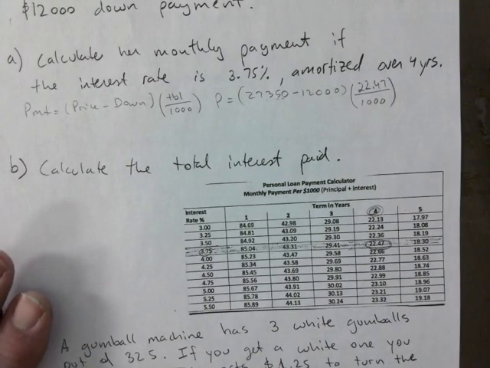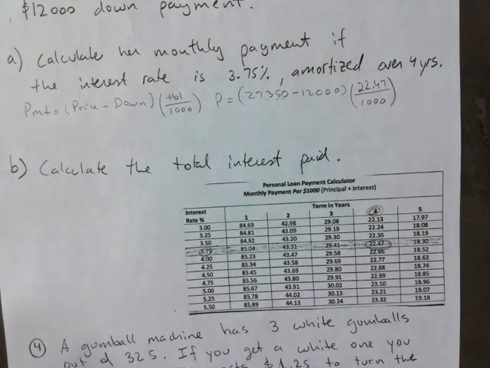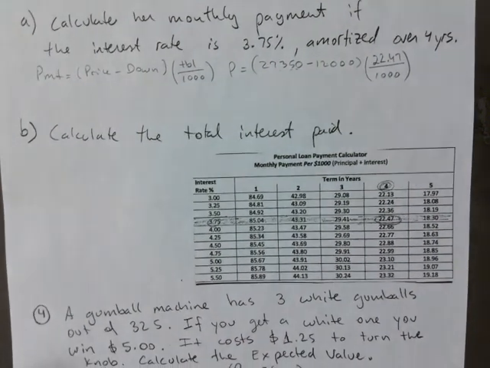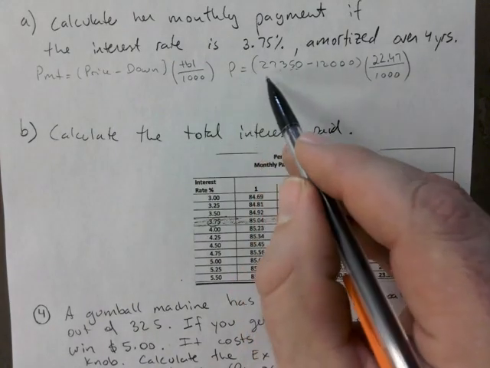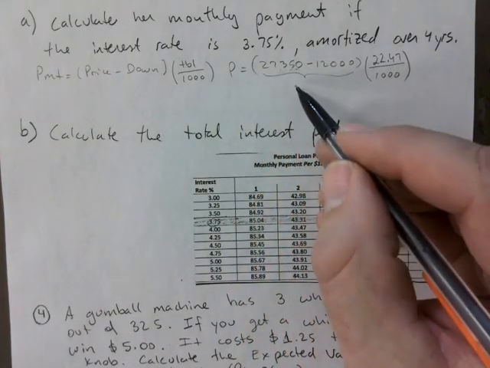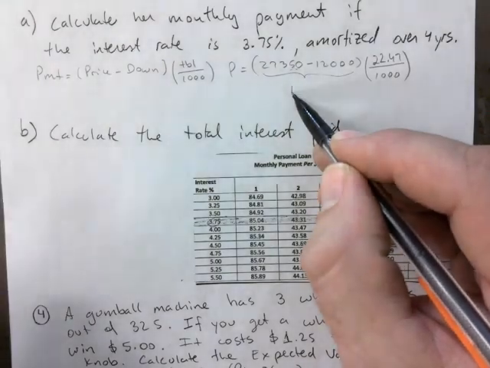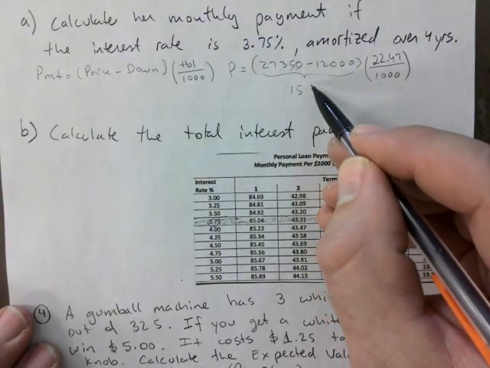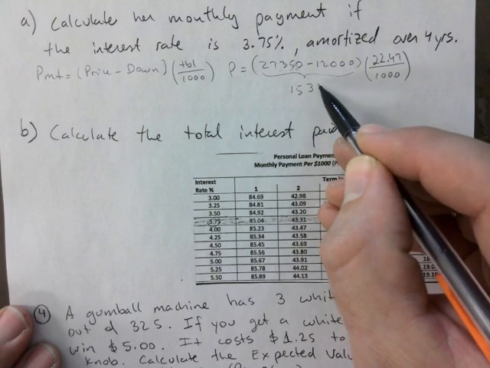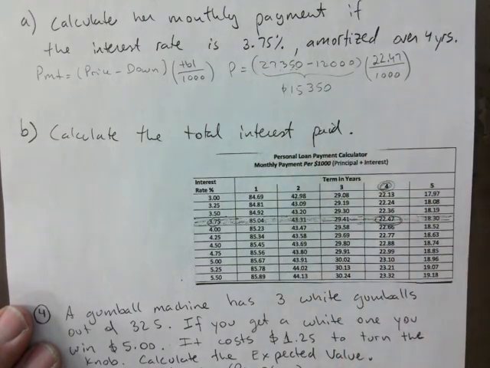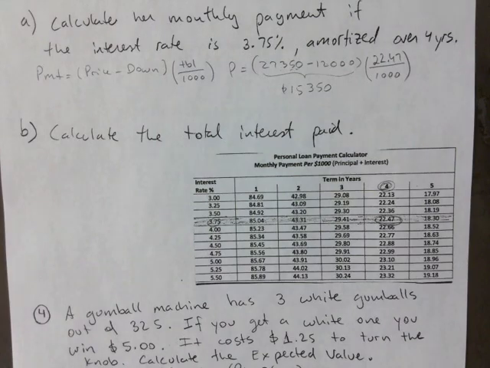22.47. I tried to get rid of the highlighter when I copied the screen, but I guess it didn't work. Freebie, right? And this is 15,350. It's very important that you write that down because most likely you're going to need it again.